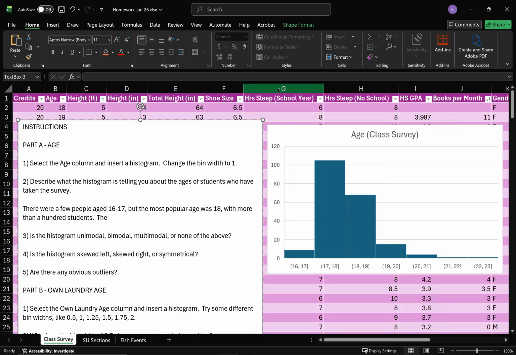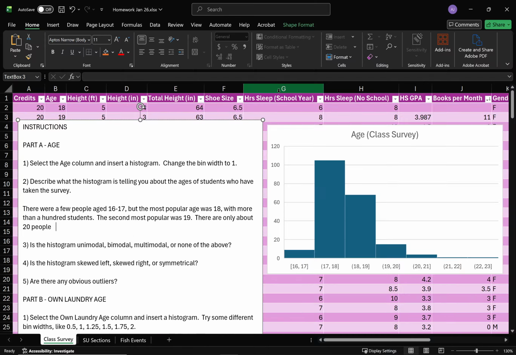The second most popular was 19. There are only about 20 people aged 20 or older. The oldest was, looks like the oldest was in the category that only has 23 in it.